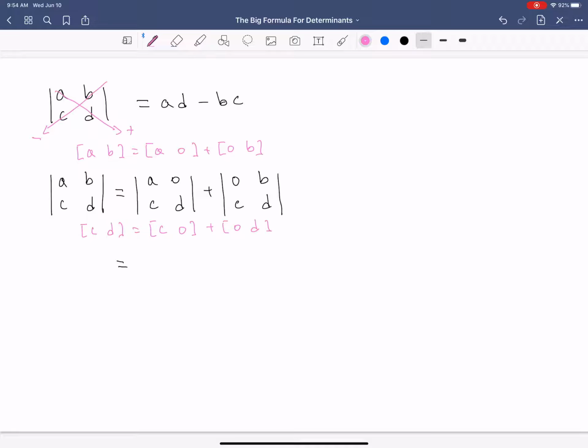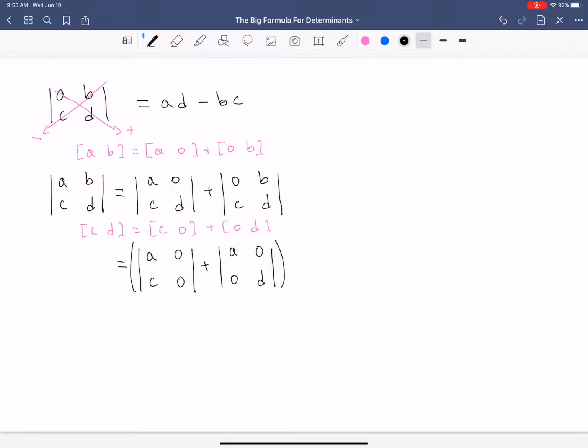I can do that. So from the first determinant, this one, I will get 2 determinants because the second row splits. And then from this, I will get 2 more. So the first 2 will be A 0 and then C 0, plus A 0 and then 0 D. Okay, that's from the first matrix.